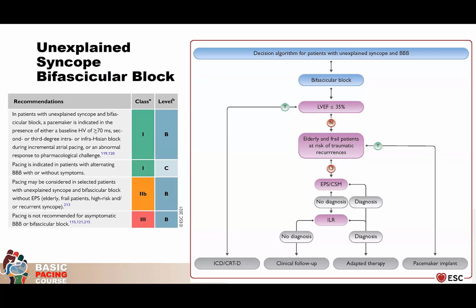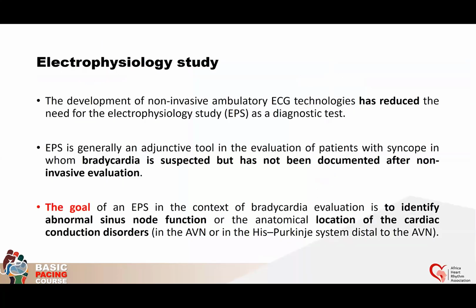If not, and he's younger, you have to go for EP study and make your diagnosis accordingly if you have infranodal or significant block. And that brings us to the subject of the role of electrophysiological study in bradycardia. Its role has reduced with the emergence of non-invasive ambulatory ECG technologies.